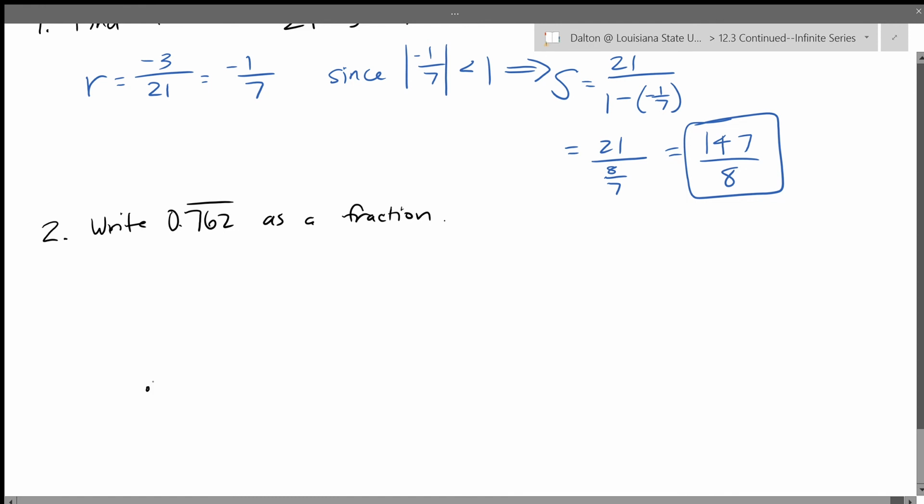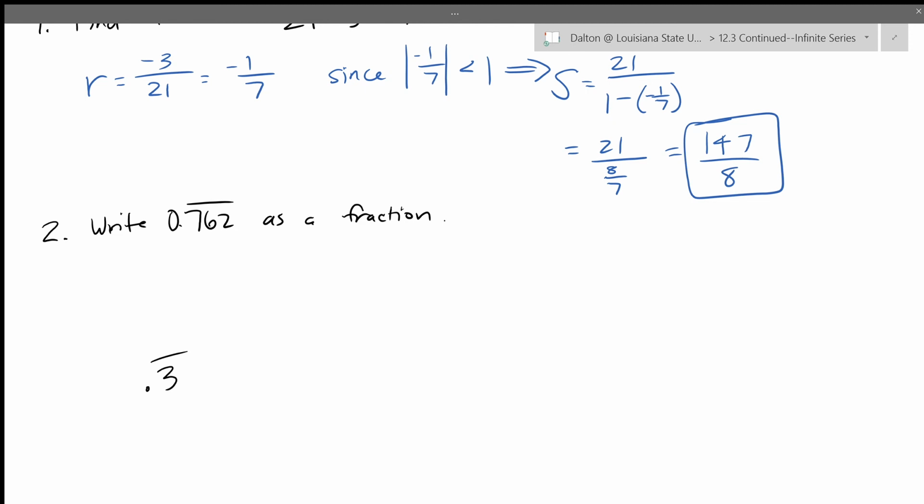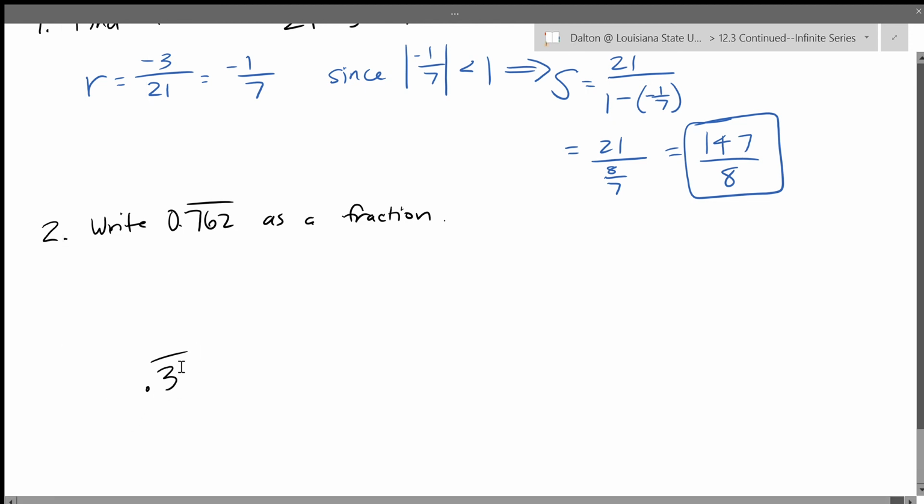If you have 0.3 repeating like this, we know that it is 1/3, but we also may have been taught that if something repeats like that, then instead of counting this as the tens place, you almost count it as the nines place, if that makes sense, to where this would be 3 over 9, which would reduce to 1/3. So that's the kind of stuff that we're actually going to be using with these geometric sequences and series. And here's how it works.